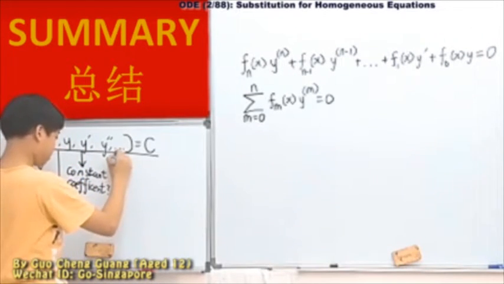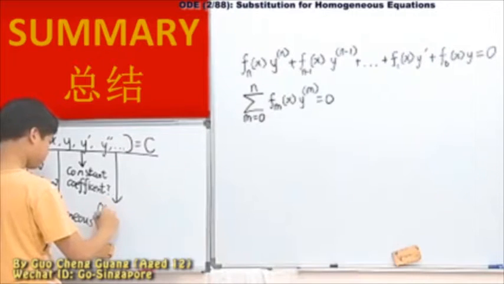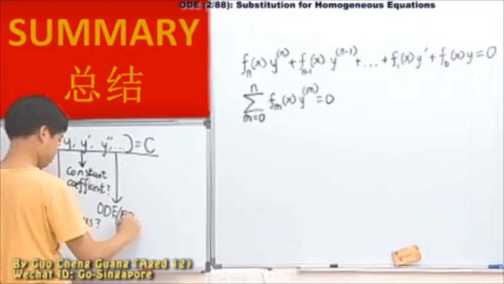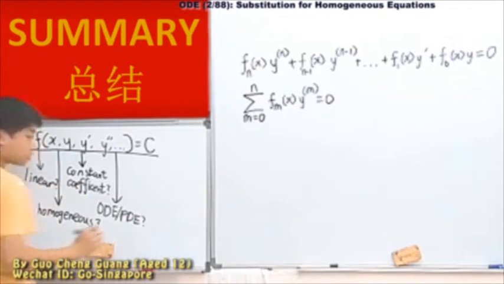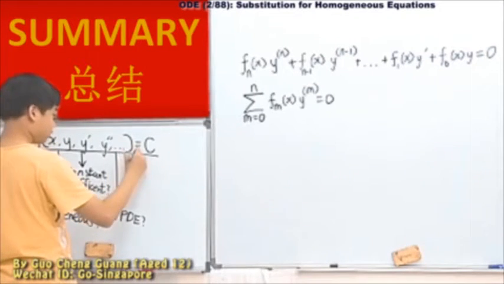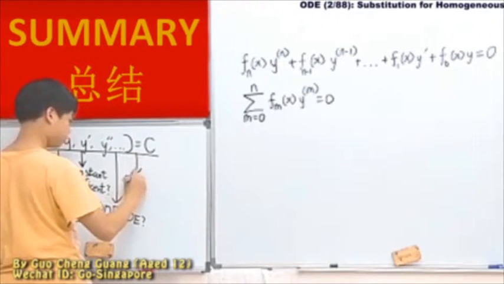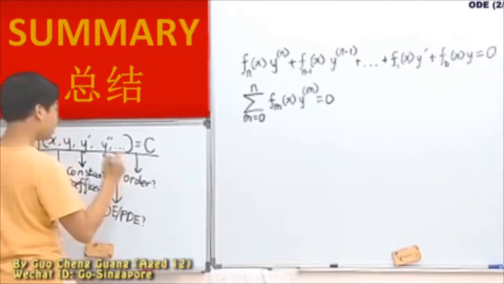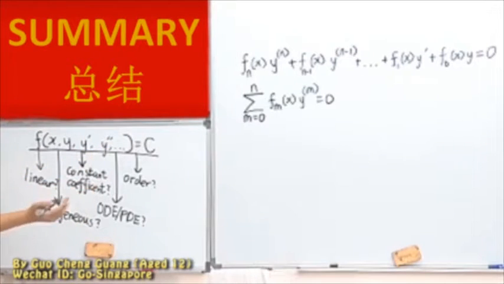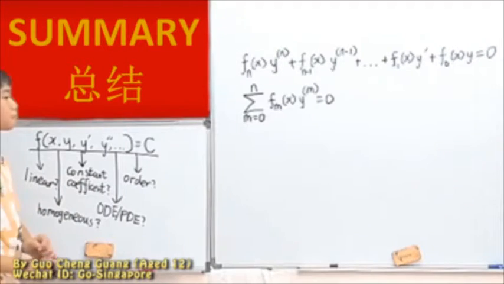It might not be. This is just a differential equation. So what if it is an ordinary differential equation? What if it is a partial differential equation? Then next, how about its order? Because this order can be first derivative, second derivative, third derivative, and it goes on. It can be whatever derivative. So these are different forms of it.